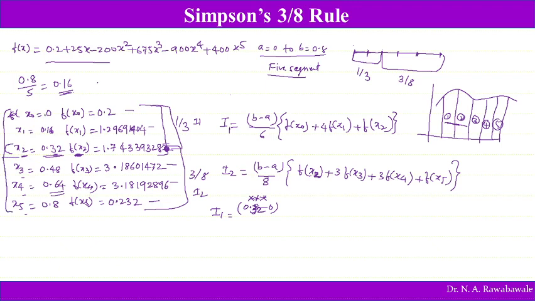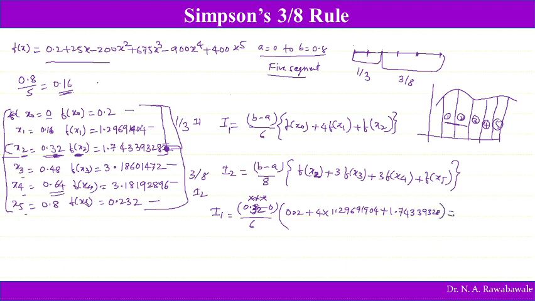So for the first part, a is 0 and b is 0.32, divided by 6, times f of x0, which is 0.2, plus 4 times f of x1, which is 1.2969190, plus f of x2, which is 1.74339328.